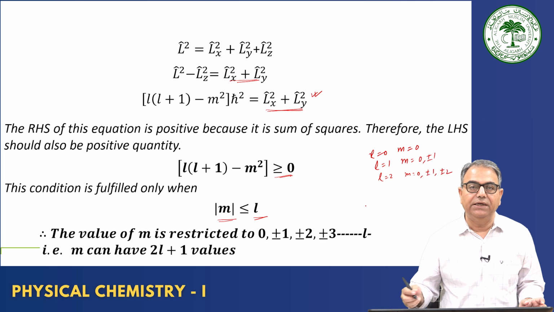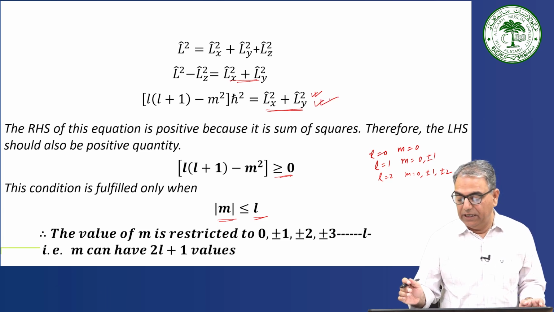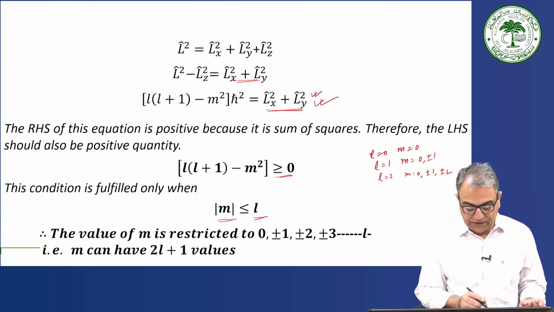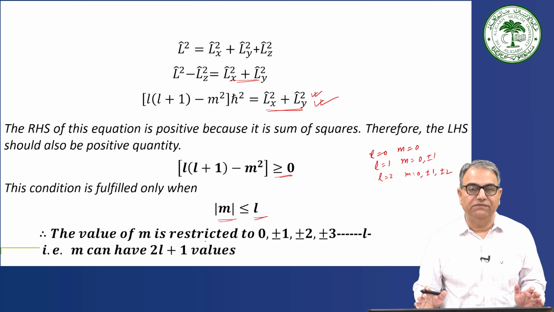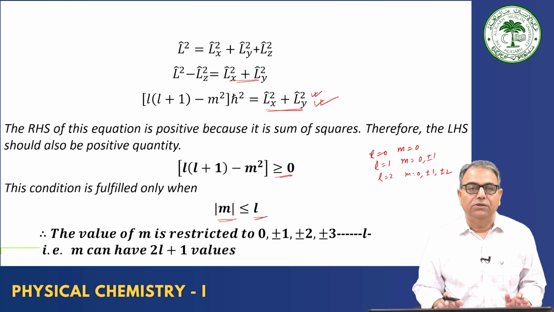This you have done, but why it is restricted, this equation tells you: the value of m is restricted by L, and the total number of values of m is 2L plus 1. This fact was known to you, and now we have derived it through quantum mechanics. So this is all about the solution of the rigid rotor and the significance of theta and phi functions.